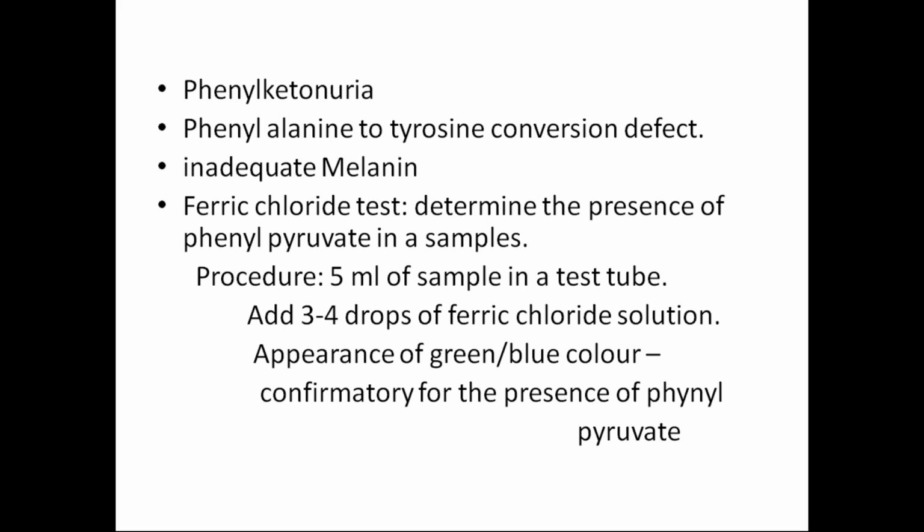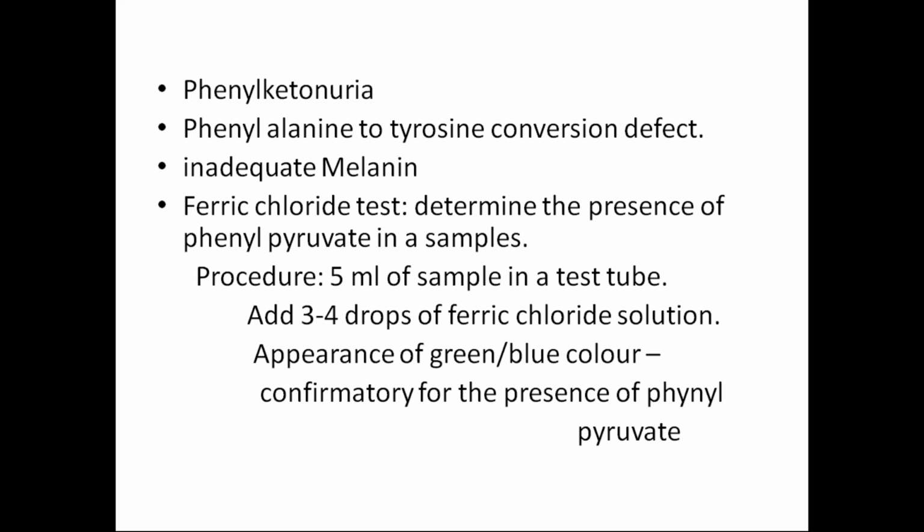The procedure is to take 5 ml of the sample in a test tube, add 3 to 4 drops of ferric chloride solution, and mix it properly. If a green or blue color appears, it confirms the presence of phenylpyruvate. In this way, you can check for phenylketonuria by doing the ferric chloride test.